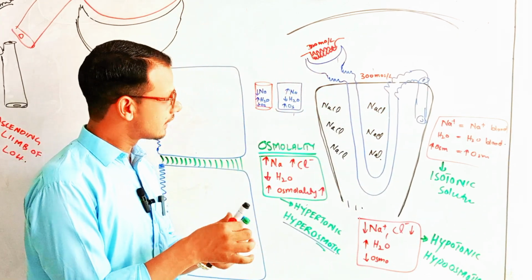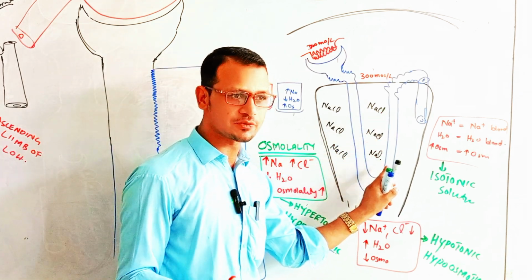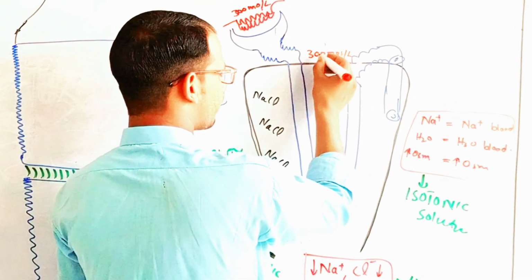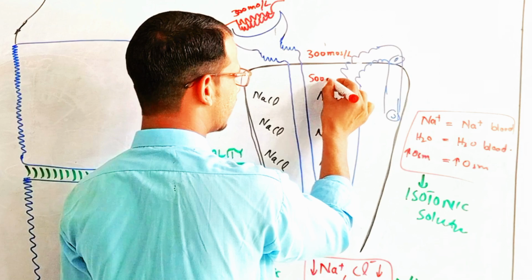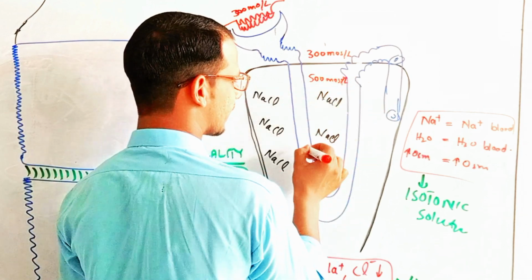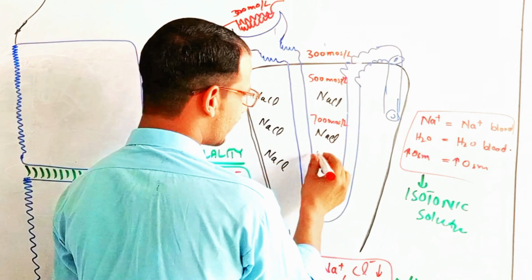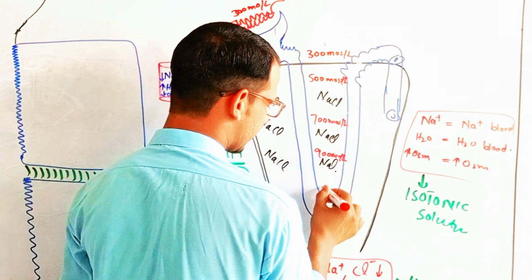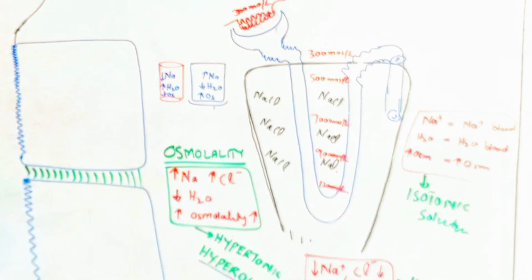So when the concentration of solutes is increasing, it means the osmolality of this area is increasing. For example, here the osmolality is 500 milliosmol per liter, here it is 700, here it is 900, and here it is 1200 milliosmol per liter, right?